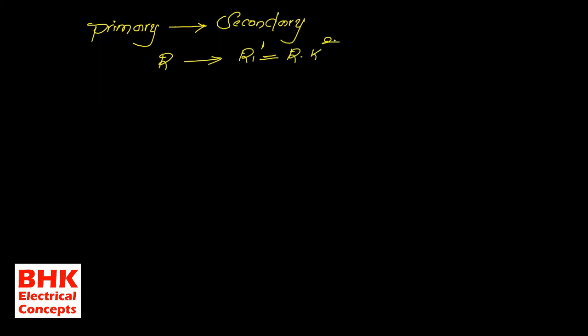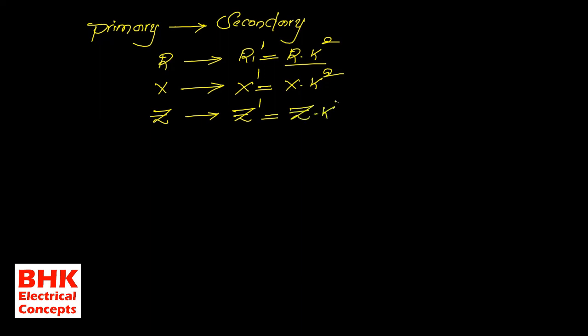If we are referring from primary to secondary, we need to multiply by k square. For the leakage reactance, again x dash is equal to x into k square. If I refer the impedance from primary to secondary, then z dash is equal to z into k square.